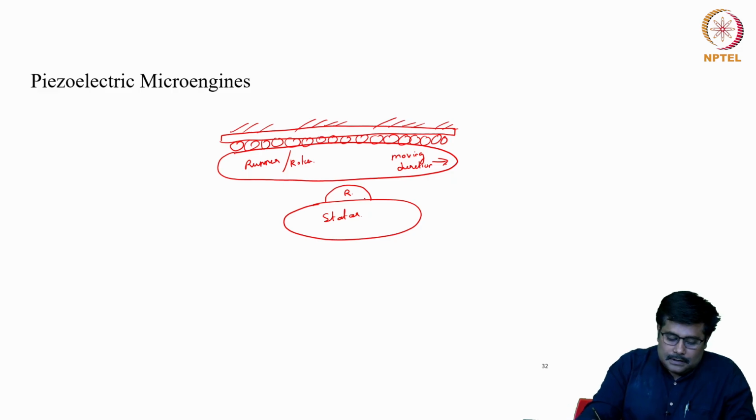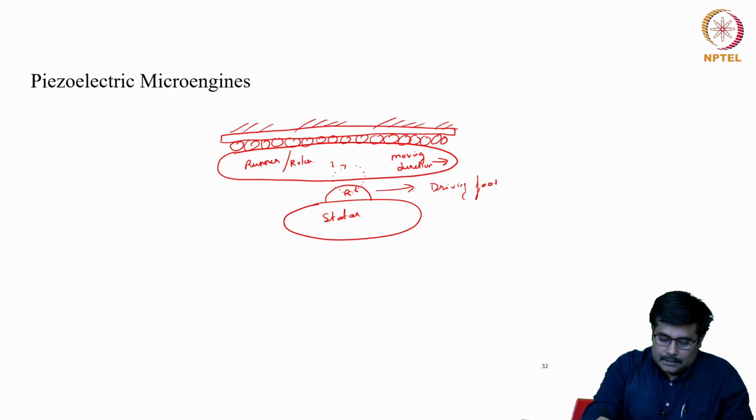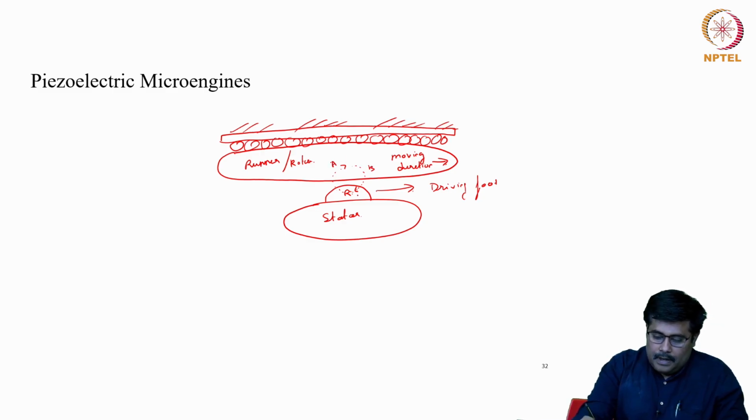Ideally this is the stator and this is the driving foot, and it has a rotation something like this. Let us represent it as A, B and C.